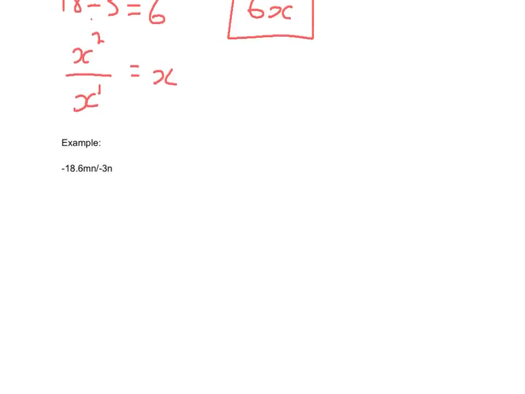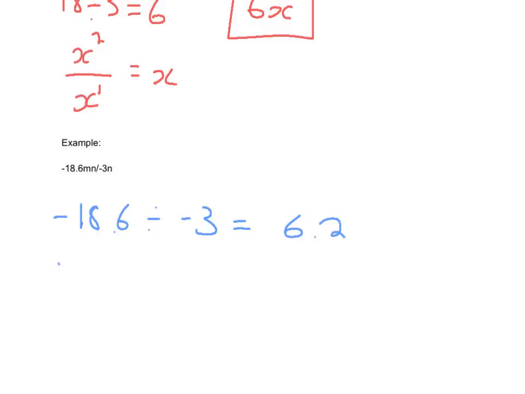Let me show you another example here. We've got coefficients of negative 18.6 divided by negative 3. So 18.6 divided by 3 is going to be 6.2. We look at the signs. Negative divided by negative is in fact a positive.